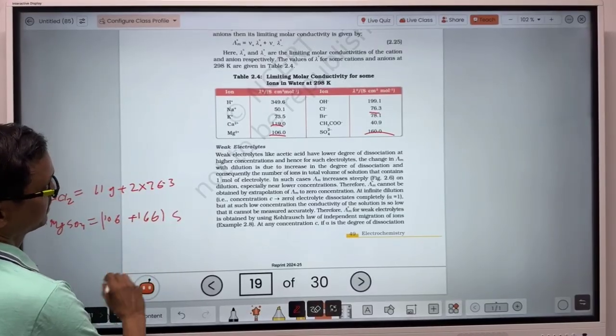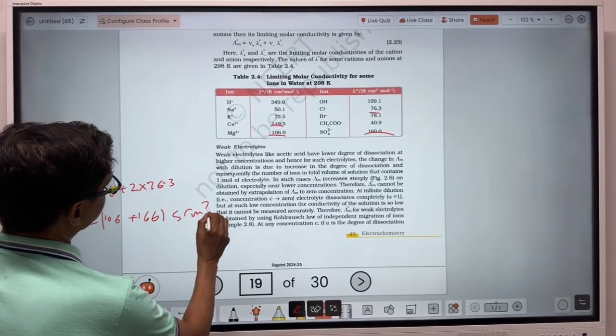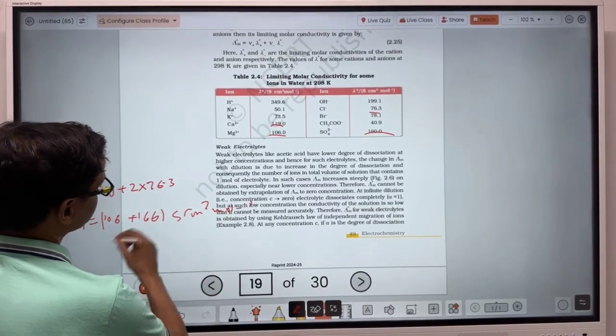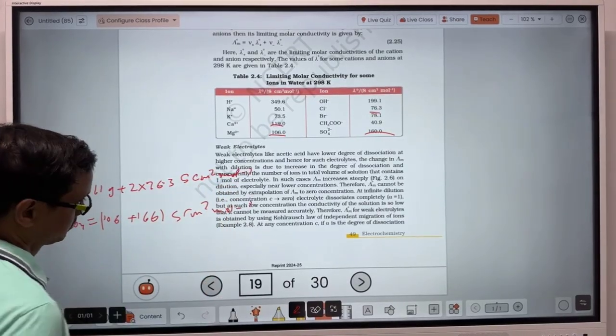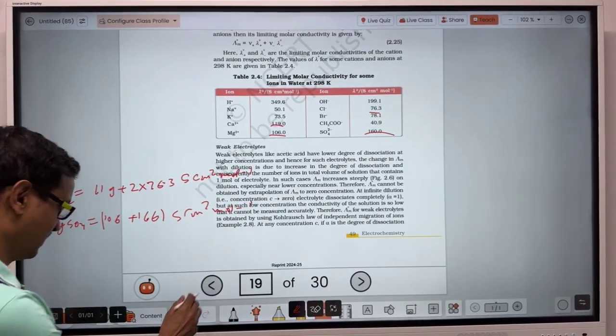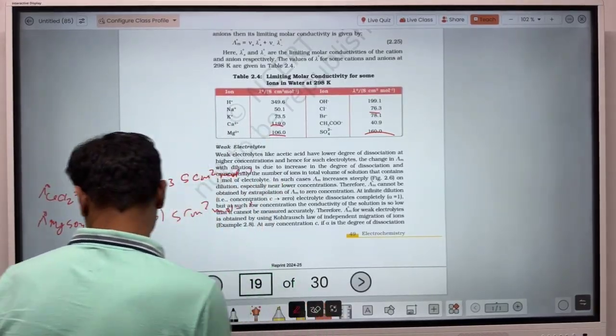That much Siemens centimeter square per mole. Very easily you could calculate this question.